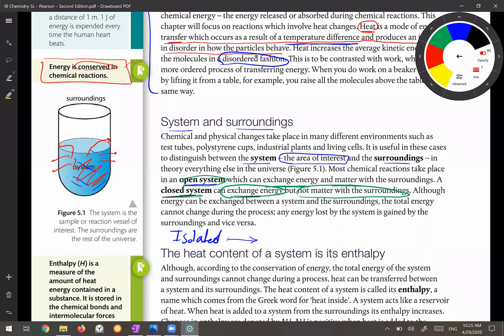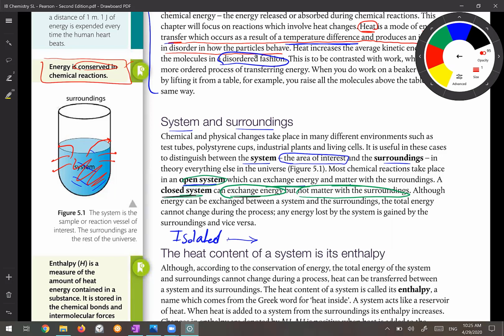So your reactants have some energy. When the reaction happens, they lose some of their energy, and the chemical energy which was stored in your reactants is now converted to thermal energy and transferred by heat to your hand.